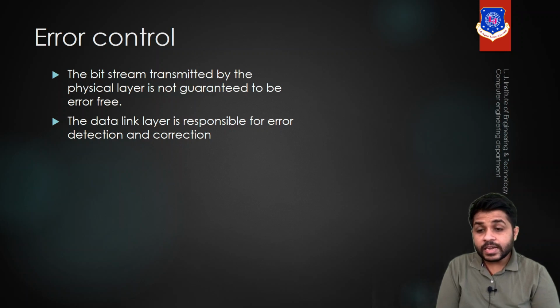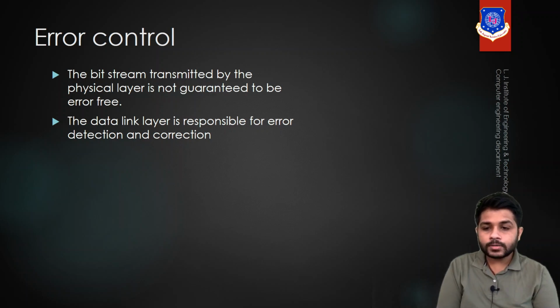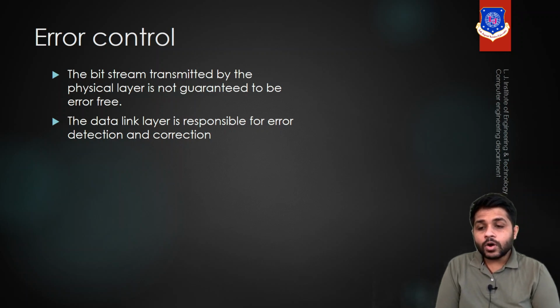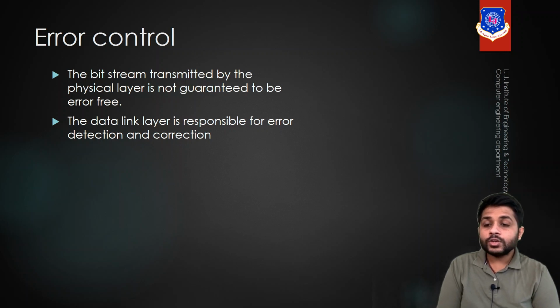And if even one bit in the data is changed, the whole data will be corrupted, and that's not what we want. So to control the error, this functionality is provided in the data link layer, and in fact it is the responsibility of the data link layer to check if the received data contains any error or not.